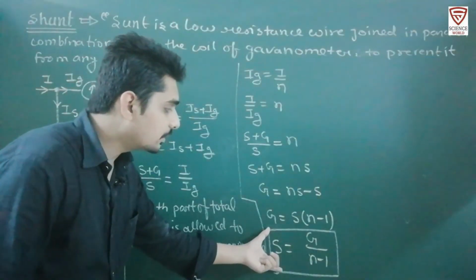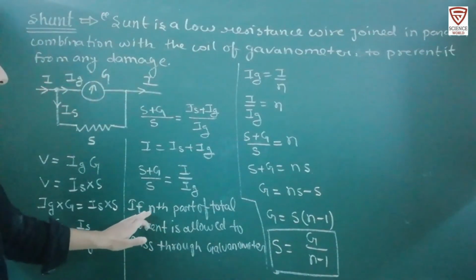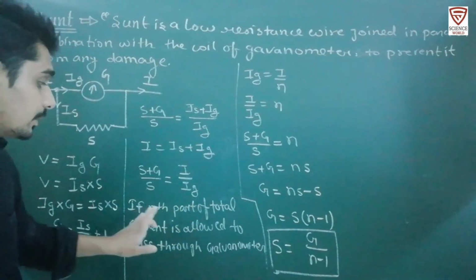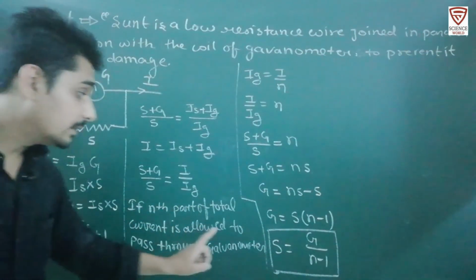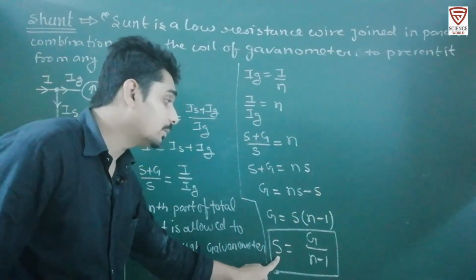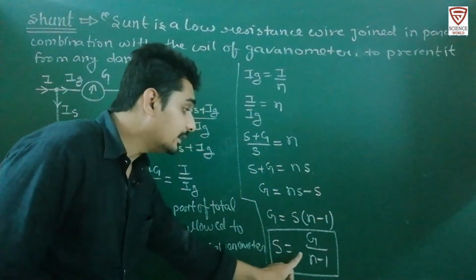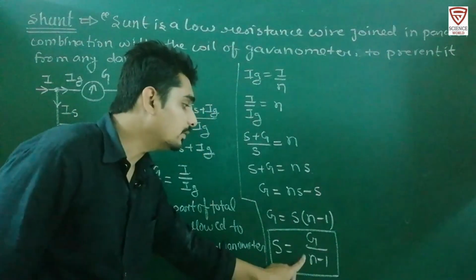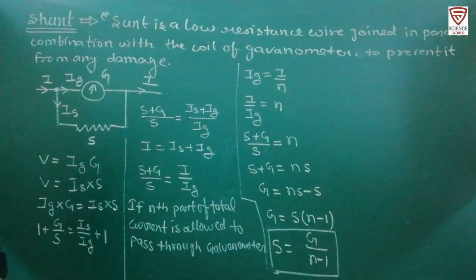This expression denotes that if we want nth part of the total current to be passed through the galvanometer, then resistance of shunt should be selected such that it is the n minus 1th part of resistance of galvanometer.